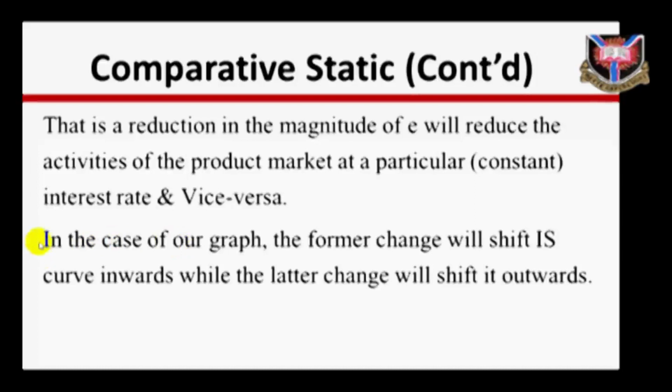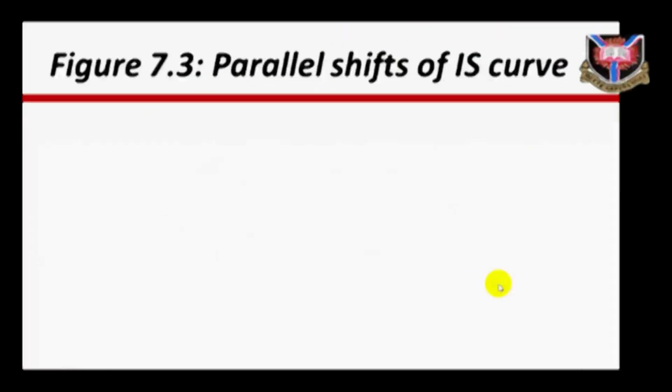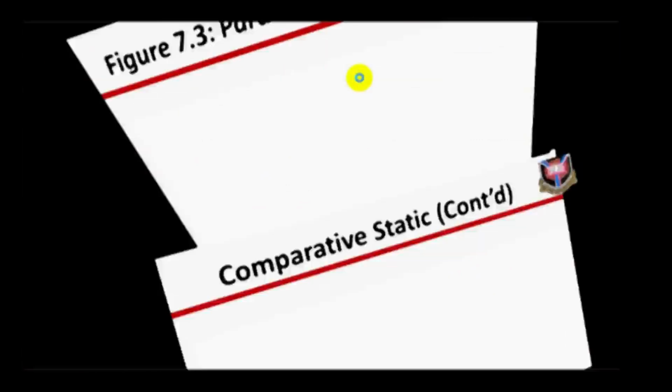The derivative of this change is given by dy*/dH equals minus R over 1 minus b, which is less than 0 and also greater than 0.